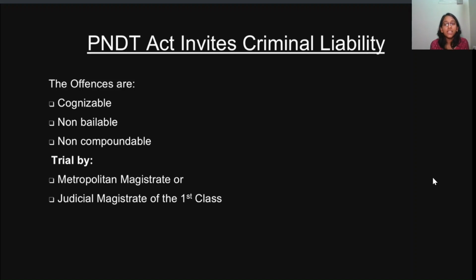If police get a suspicion, they can come and arrest, and it does not require even a warrant. So complaint not required, warrant not required, and it's a non-bailable offense. If you're arrested for violation of the PNDT Act, bail cannot be given. And trial is done by the Metropolitan Magistrate or the Judicial Magistrate of the first class.